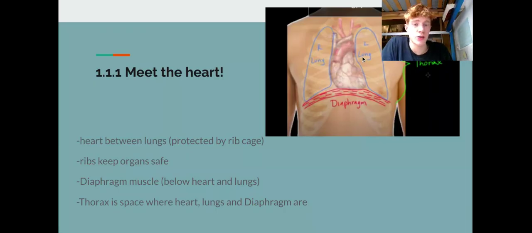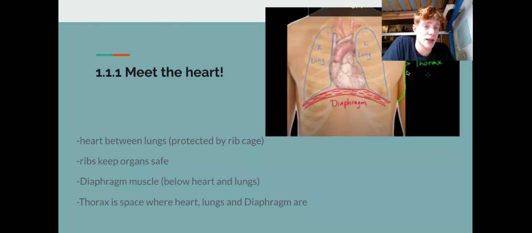As you can see here, the not emoji heart shape is right here. This is your heart. It is located between the 2 lungs, and of course you use your lungs to breathe, and you do that with the diaphragm. This is a thin muscle below your heart and lungs that you use to breathe. Now, why do I tell you about the diaphragm?